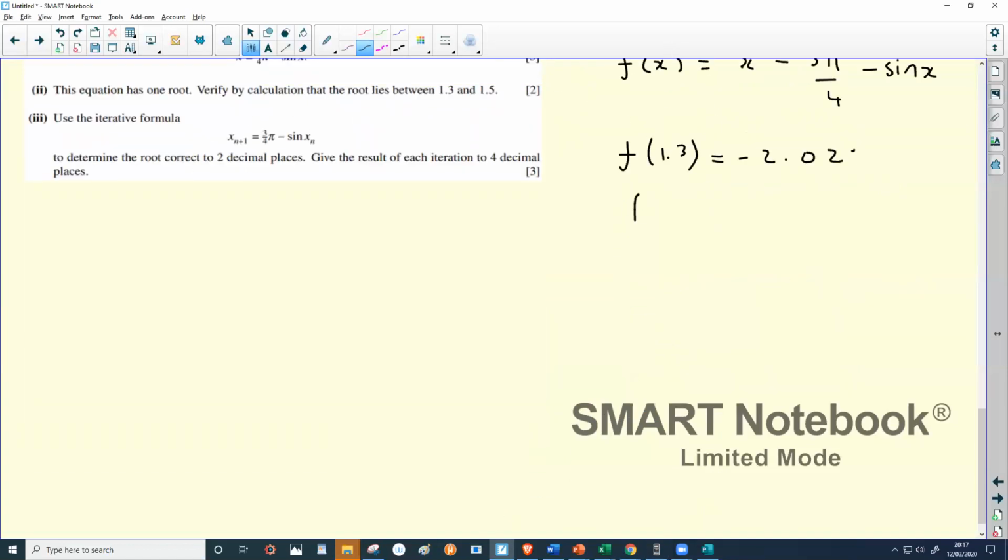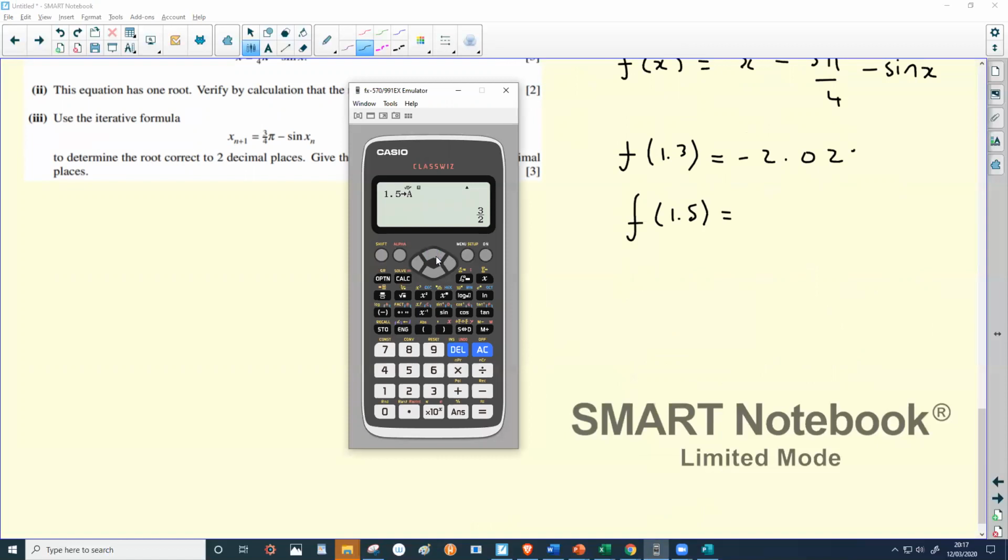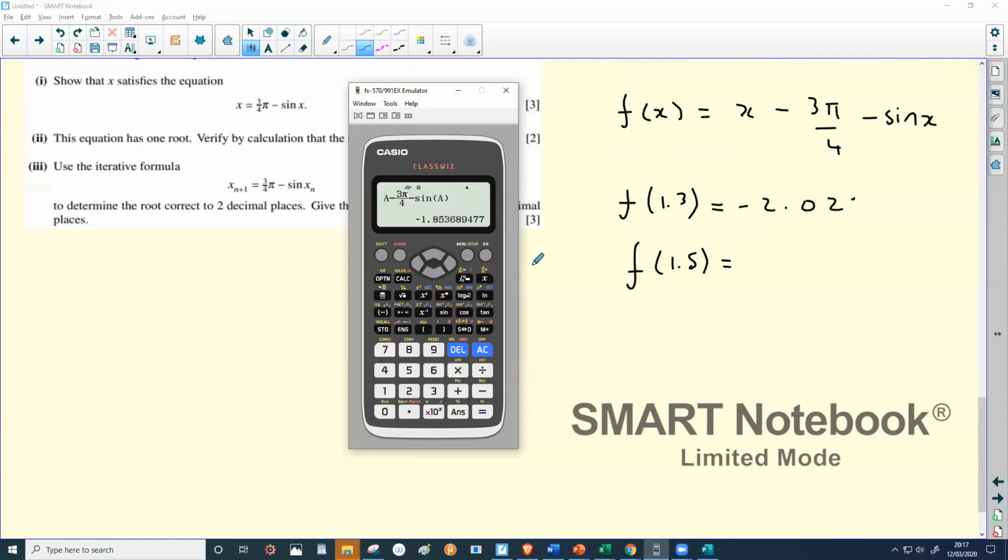So f of 1.5 should hopefully tell us that this is a positive number. Let's have a look what's happening here. Right, this isn't working. Let me just check something out.